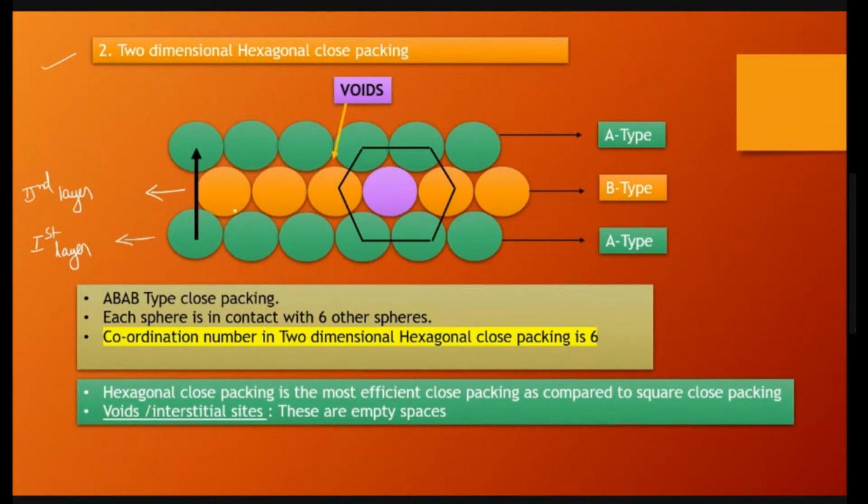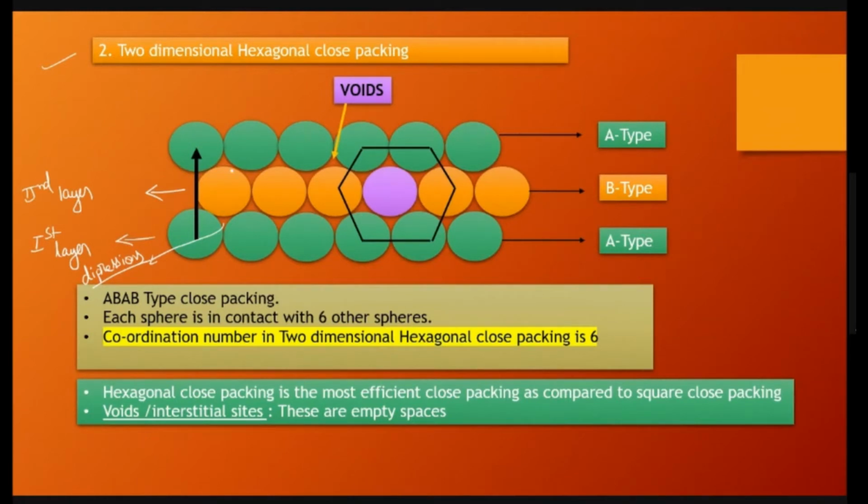Second layer atoms I am going to place into the depressions of the first layer. So these are the depressions of the first layer. These are the second layer atoms, the brown color atoms.